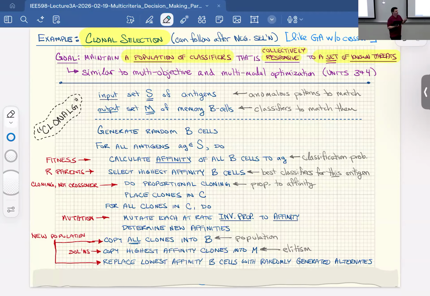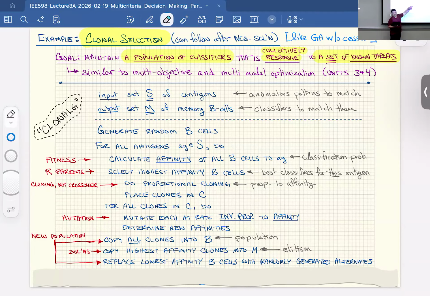So you're not growing these things infinitely, but you're choosing who's a member of them. And so you're going to get lots of variation in B, but whenever you hit on really good ones, you store them in M. And then the hope is that over time, M is going to have members that are good matches for many, many antigens. Although B will constantly kind of chase its own tail.